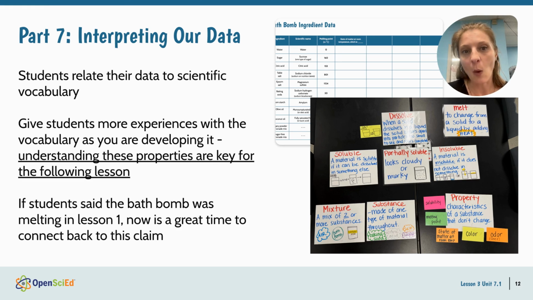At this point, one thing I do in my own classroom is more demos, so that I'm creating more experiences for my students to have with these words prior to earning them. So for example, they might say that the salt dissolves. So I have a cup, I have some salt, I dump the salt in, I stir it up, and sure enough, it disappears. And then I give them the word. Well, what you guys are talking about means that the salt can dissolve.